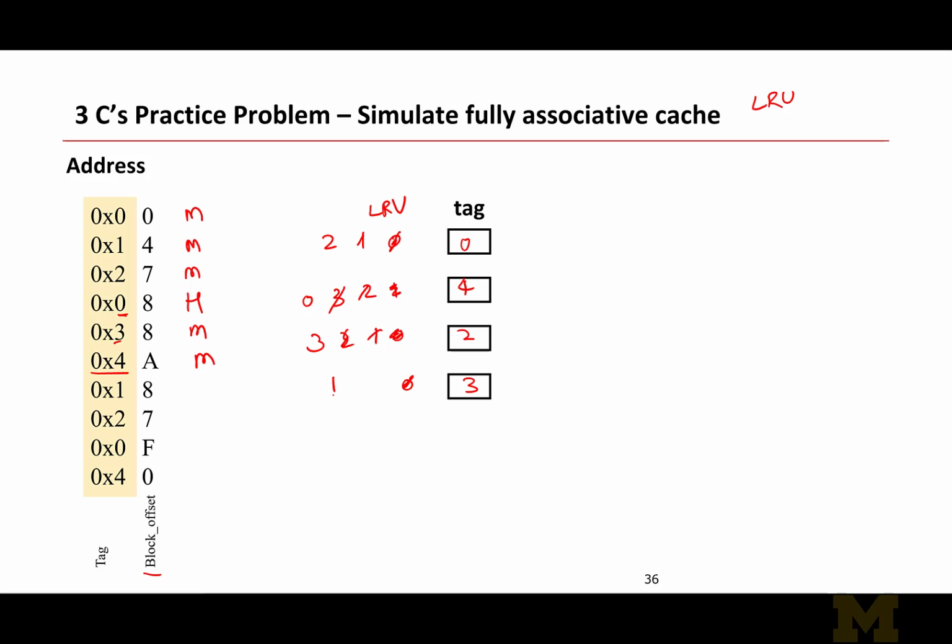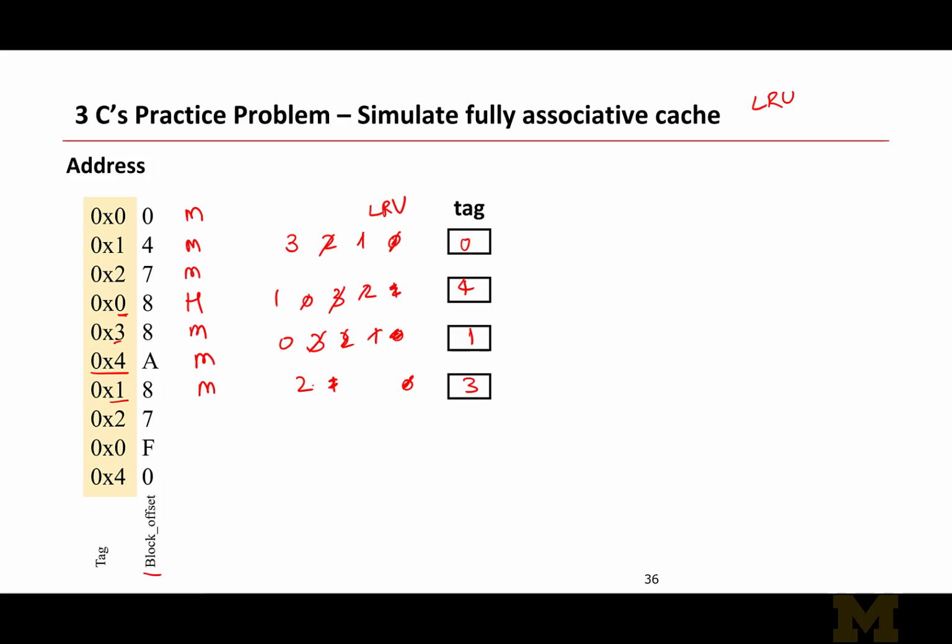Okay, right, so now I have access to 1. Unfortunately, we just kicked this tag out, so it's going to be a miss. Right, so now I have to kick someone else out to bring in this block. So the LRU is going to be this tag 2. So I'm going to replace this with tag 1 and reset this LRU rank to 0, increment everyone else by 1.